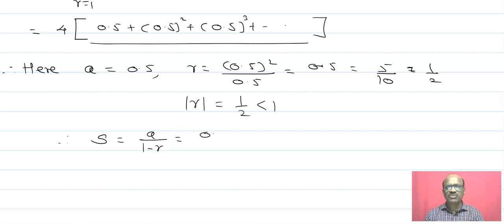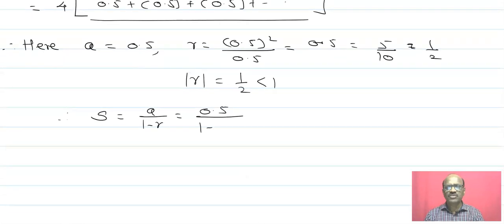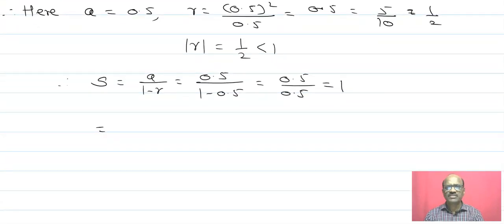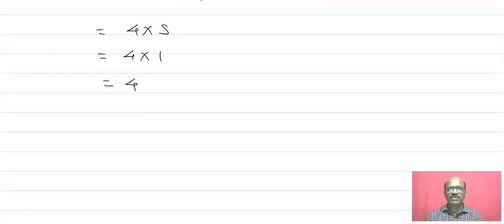Therefore, s is equal to a upon 1 minus r, that is 0.5 upon 1 minus 0.5, that is 0.5 upon 0.5, which is equal to 1. Therefore, the sum s is equal to 1. Therefore, it is 4 into s, that is 4 into 1, which is equal to 4.